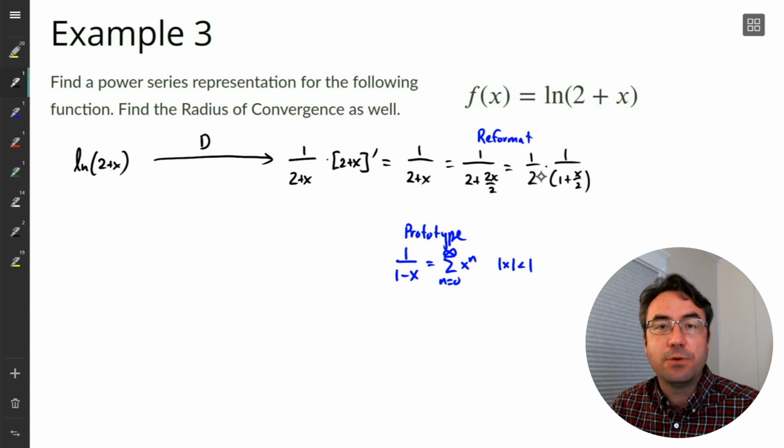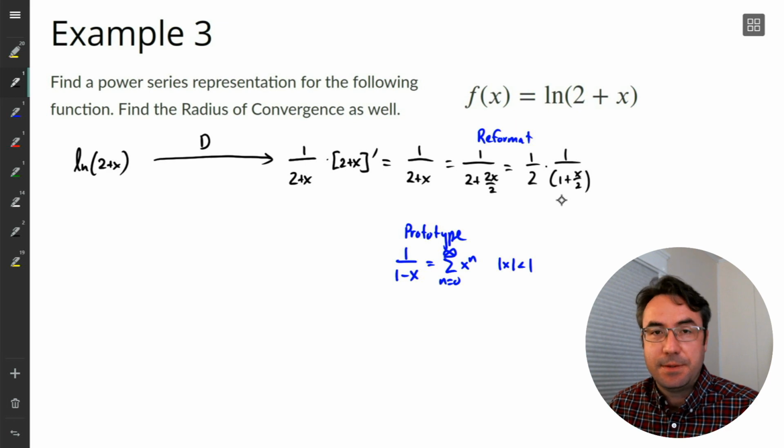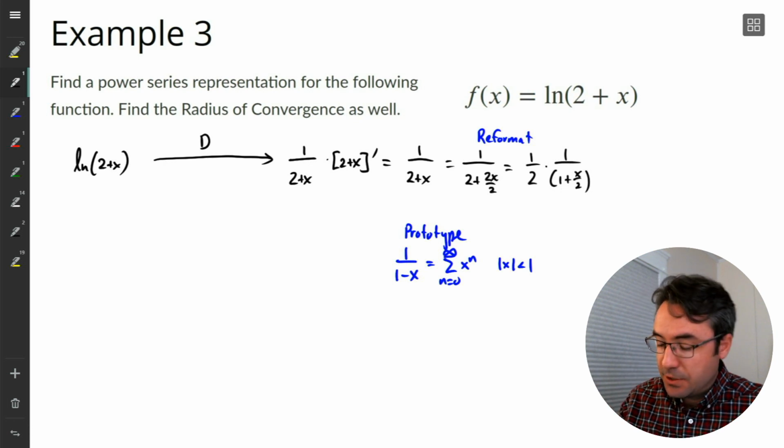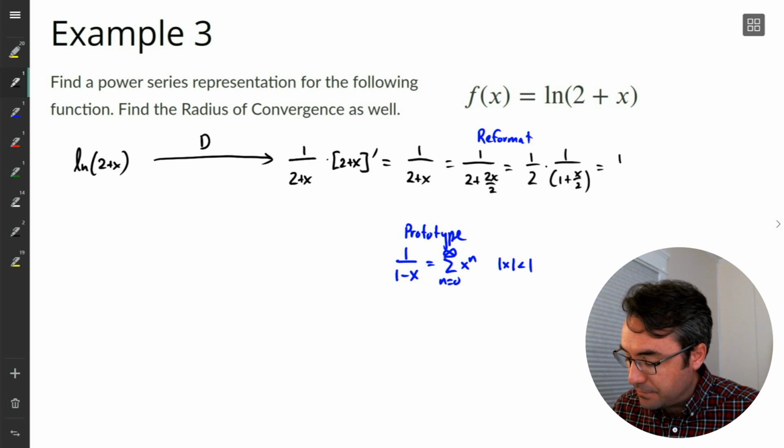So we're going to break that into 1/2 times 1 over 1 plus x over 2. And that gets us the 1. Now we need to make that addition sign a subtraction, so that's where we're going to introduce our double negative. So we'll have 1 minus negative x over 2.